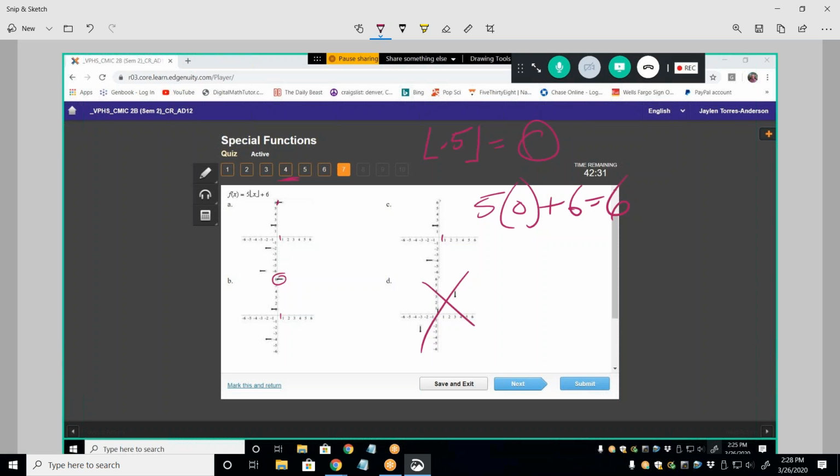So we need to check a negative number. In other words, let's check negative 0.5. What's the greatest integer function of negative 0.5? Go left from negative 0.5.